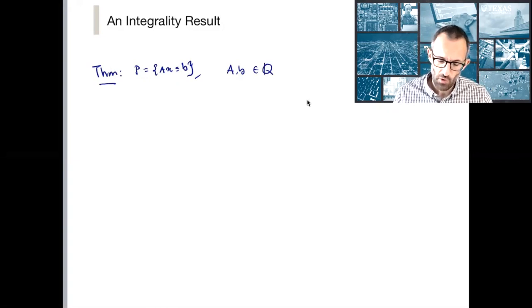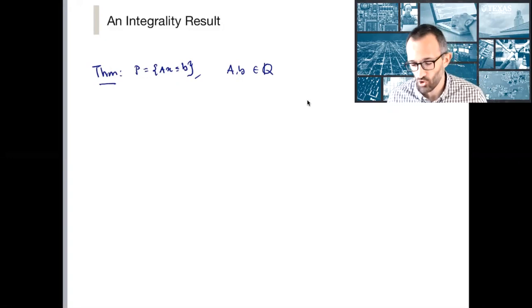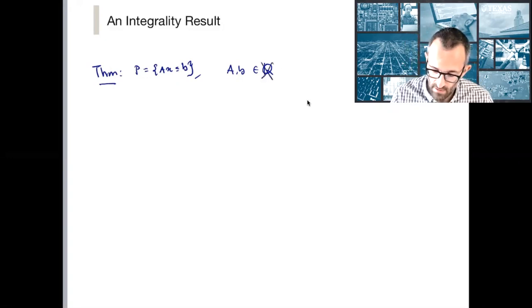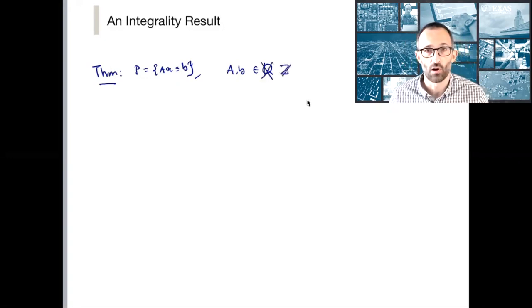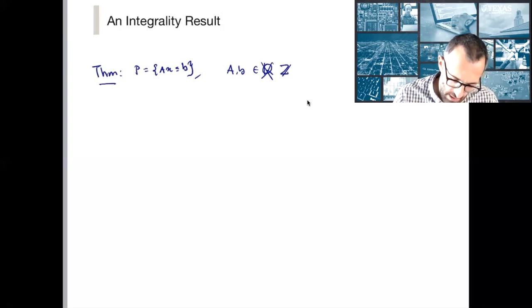And note that whenever you have a quantity like this, you can scale both sides, so we can always just assume that in fact these entries are integral. So the theorem says that a polytope defined in this way is integral, meaning has integral vertices.